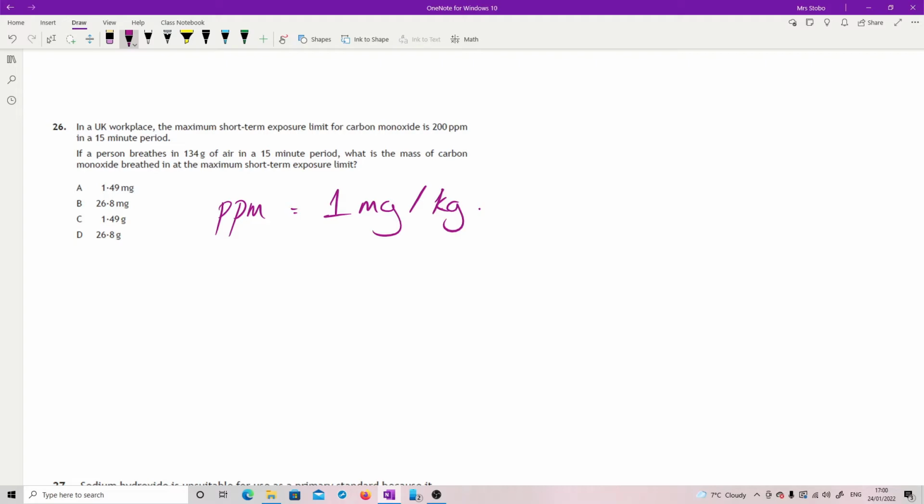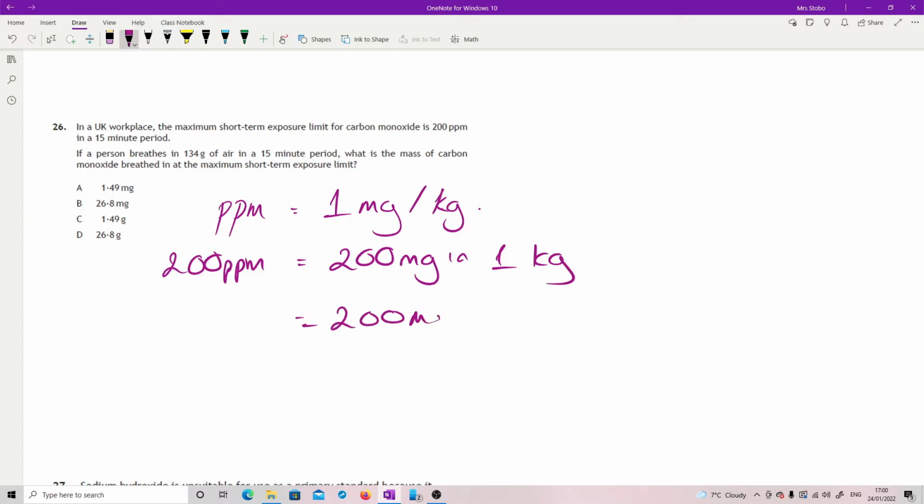So that means 1 milligram in 1,000 grams. Right, so if you have 200 parts per million, that is 200 milligrams in 1 kilogram, which equals 200 milligrams in 1,000 grams.